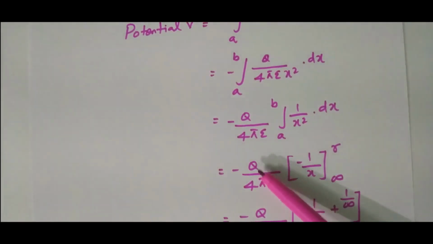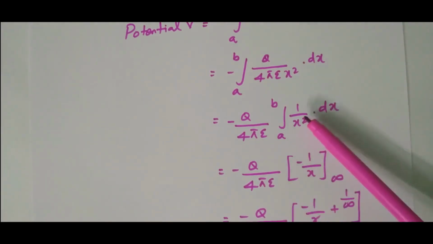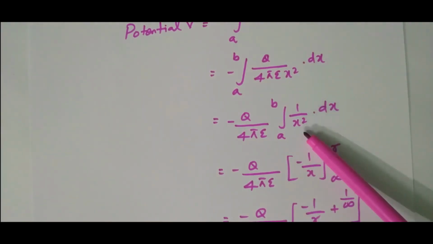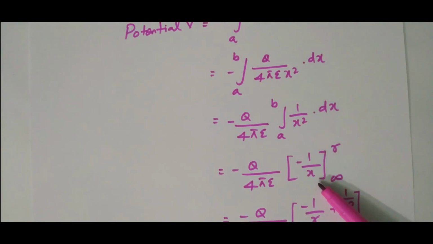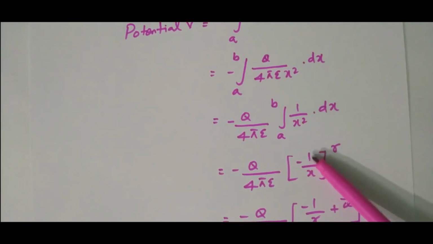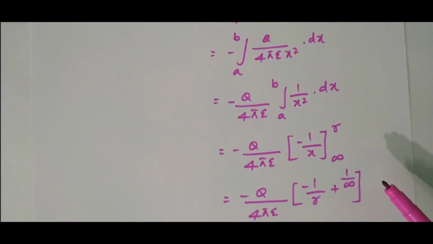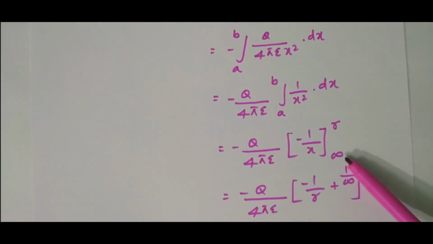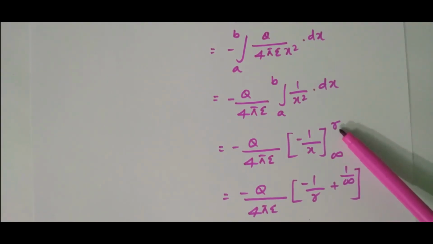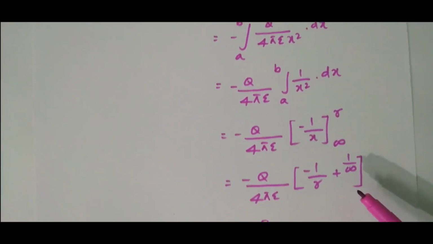So minus q divided by 4 pi epsilon, the integral of 1 divided by x square is minus 1 by x, that you know. And what is the limit for this? It is nothing but work done in moving a unit charge from infinity to the field point. One is infinity, another one is the field point. So the limit is infinity, and the other point is r, right? It is clearly given in the definition, infinity to the field point.